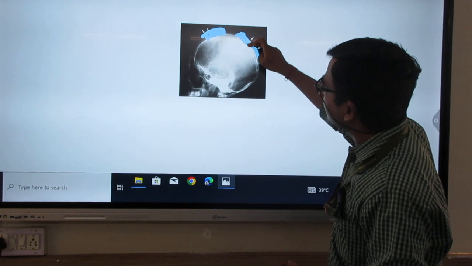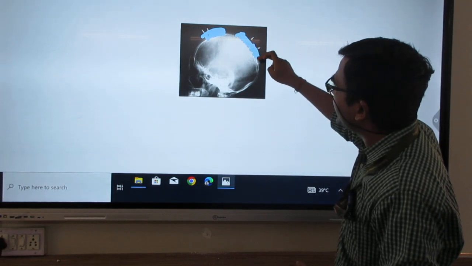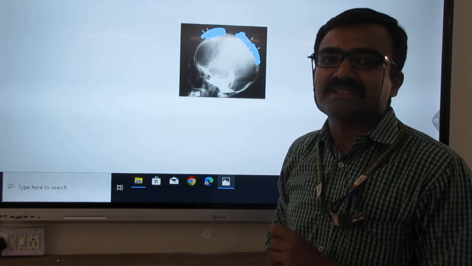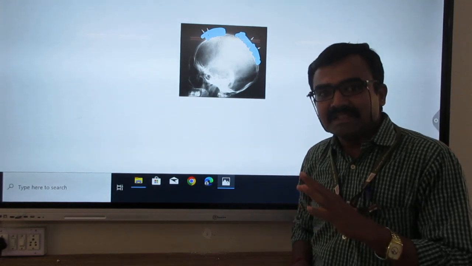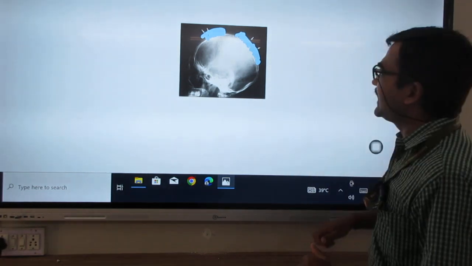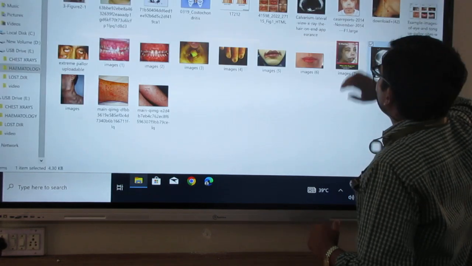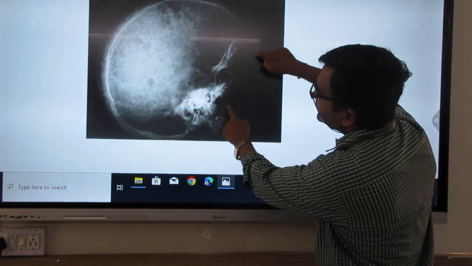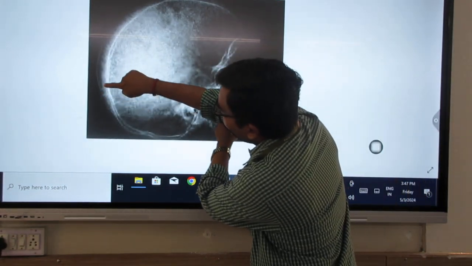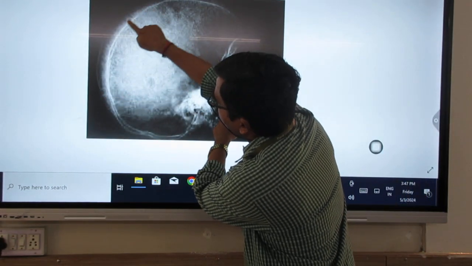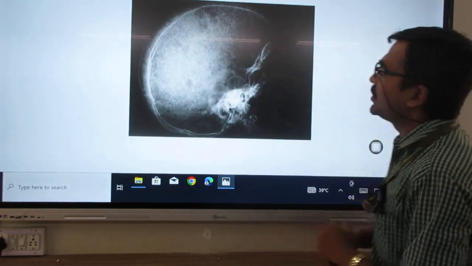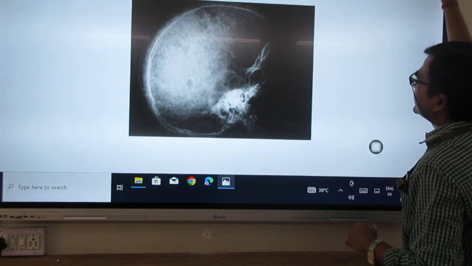This is called hair on end appearance, and it is an indicator of sickle cell anemia and thalassemia. In this X-ray, I will zoom in and you can see the hair-like projections on the skull bone. This is what is seen in cases of hemolytic diseases.